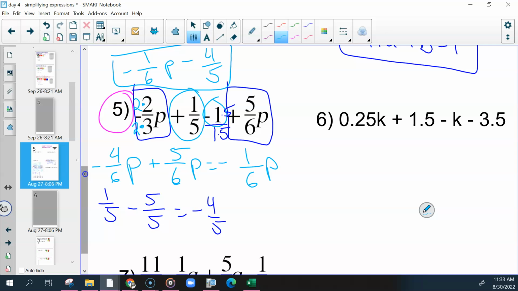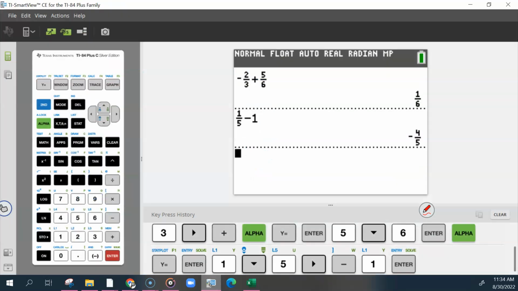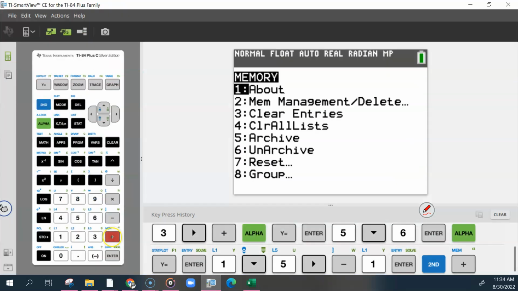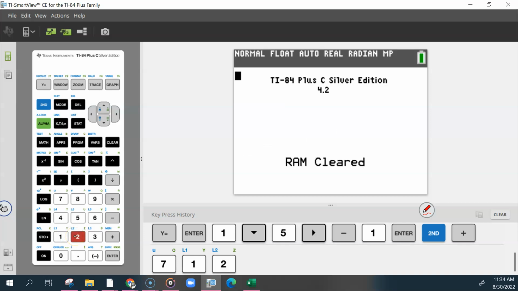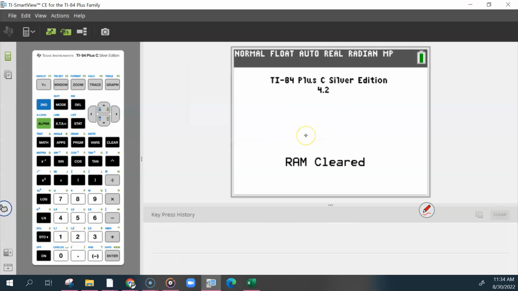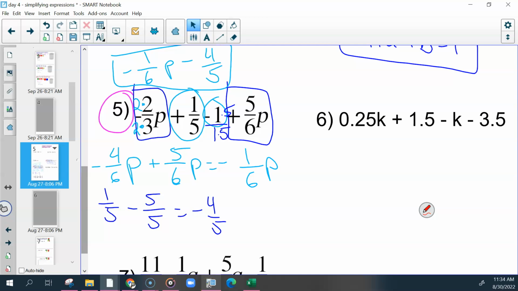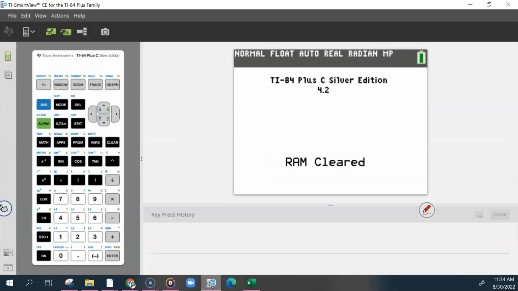Do we have any questions on how we got that process? When you're doing problems like this, if you want to double check yourself in your calculator, I'm going to show you how to do that. So in your calculator, if we wanted to add together negative 2/3 and 5/6, everyone do this with me.